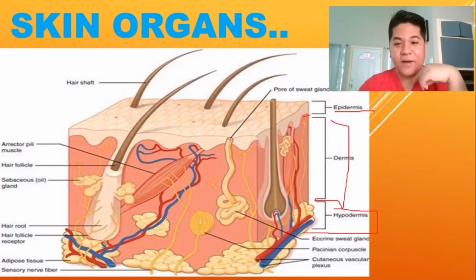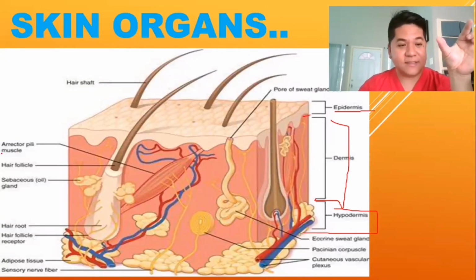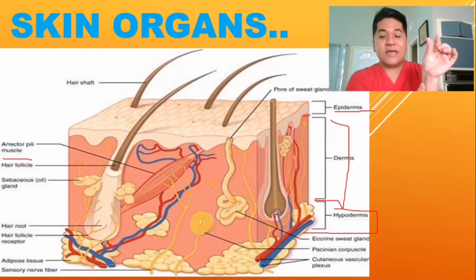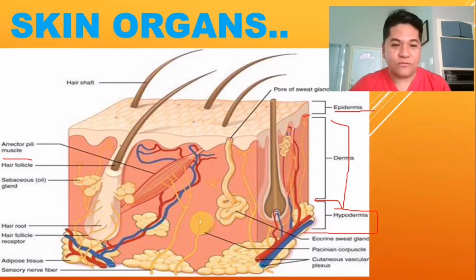Now talking about the dermis, because it has a lot of structures. Let's talk about the small muscle. The erector pili muscle is here. Whenever we feel shivering, it will contract. Remember, shivering conserves or regulates the body temperature. So when it contracts, it pulls your hair and then the hair moves. That is your erector pili muscle.